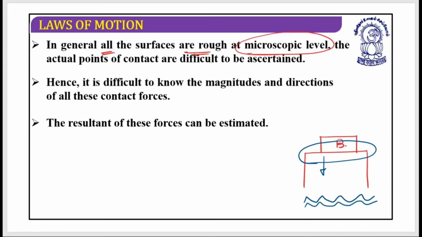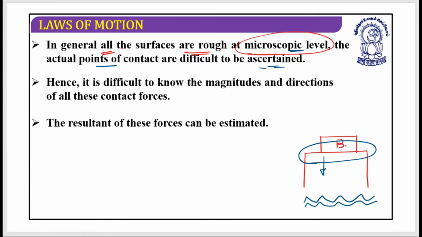On a macroscopic level it is smooth, but on a microscopic level all the surfaces are rough, they are not 100% smooth. So the actual points of contact are difficult to ascertain because there would be so many contact points, and we cannot understand which is to be taken and which is not. It is not even possible to resolve them.